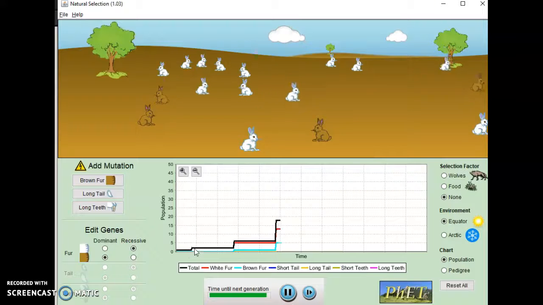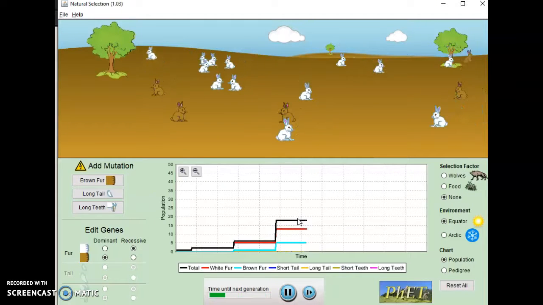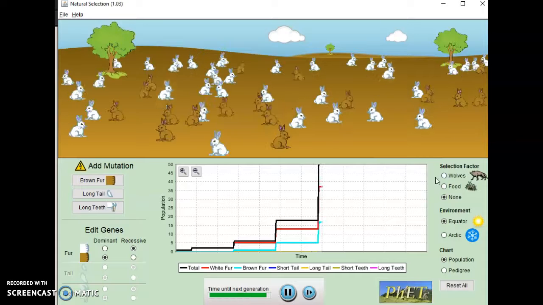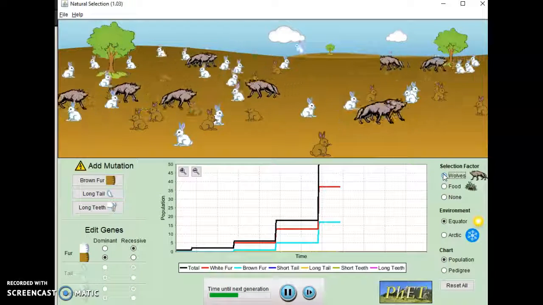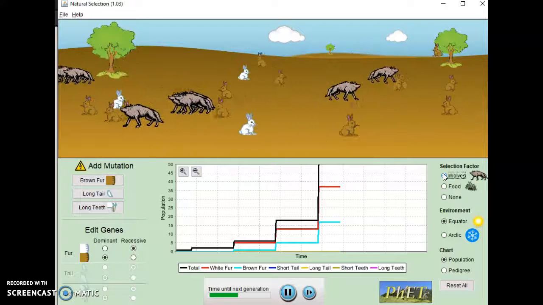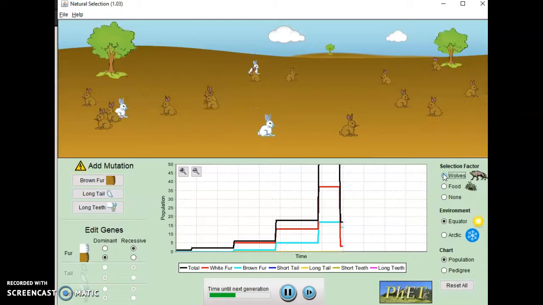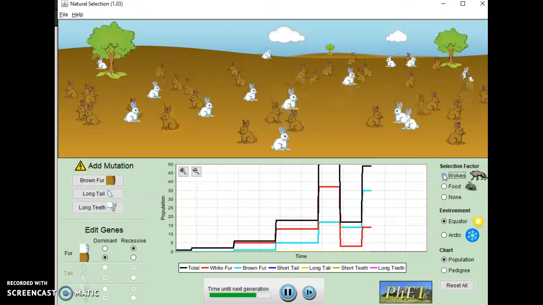Like they said, let the generations increase before I add our predator. Okay, so here comes the predator. Please note what is happening as soon as I add the predator to our equator environment.